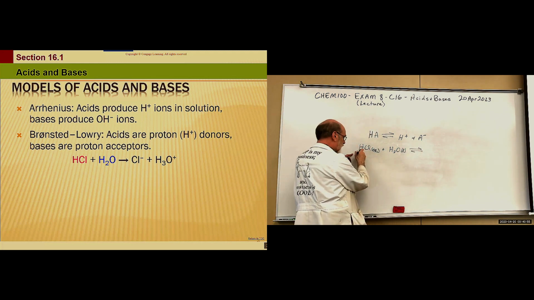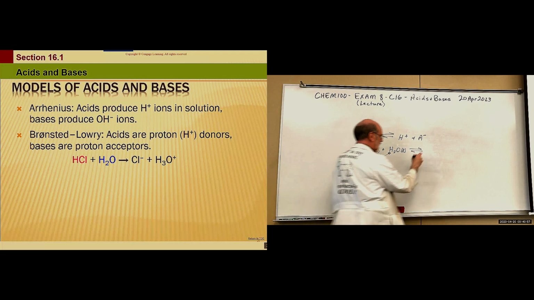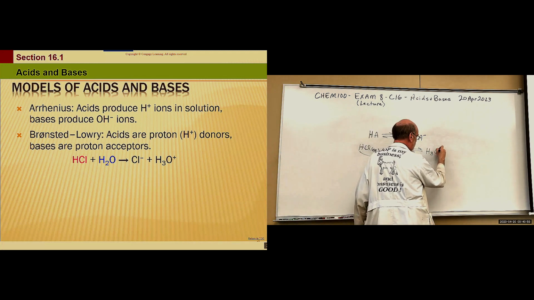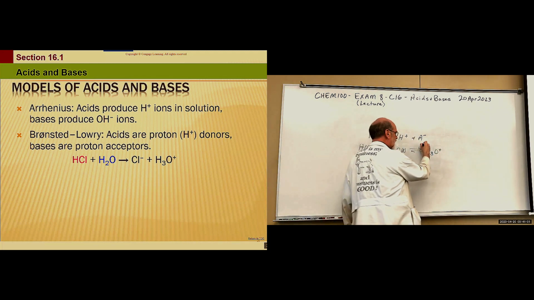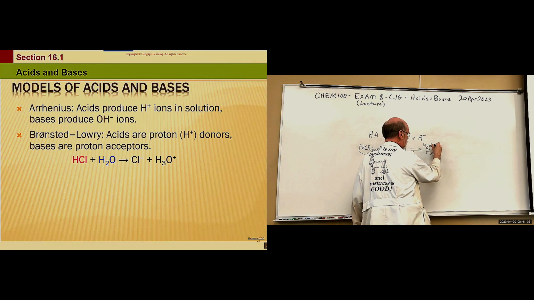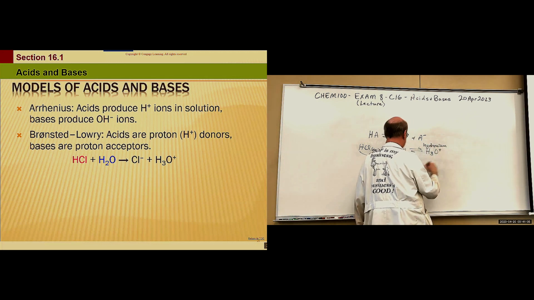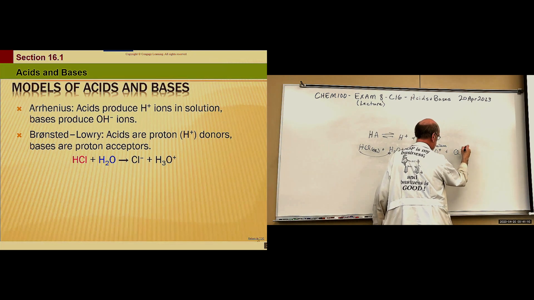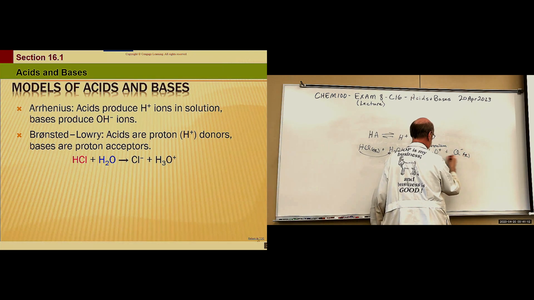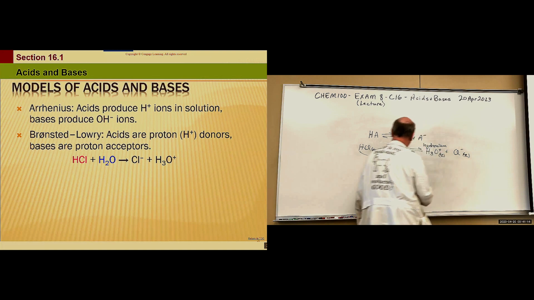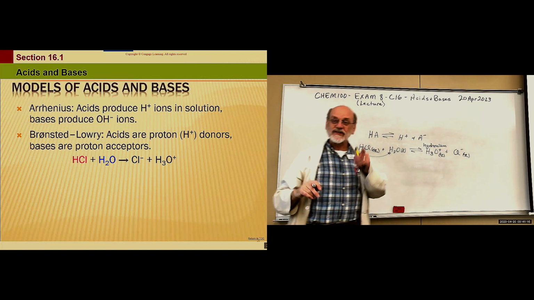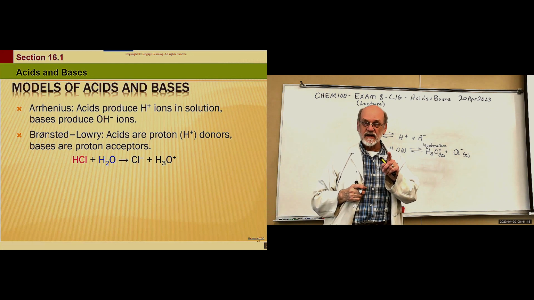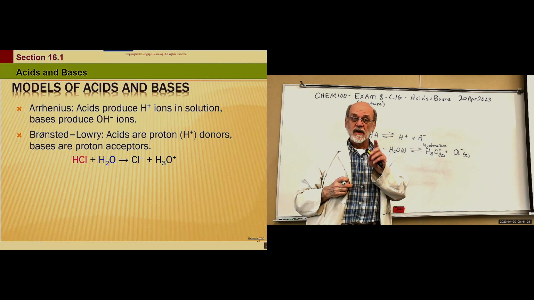So we transfer a proton here, and now we get a polyatomic ion called the hydronium. And what's left is chloride ions.